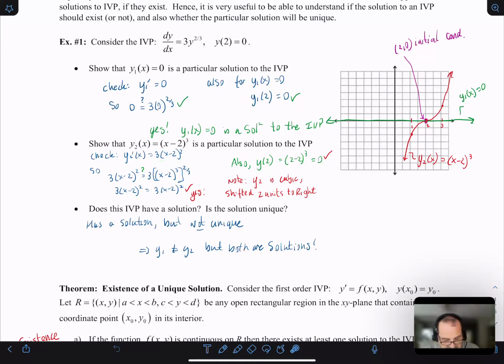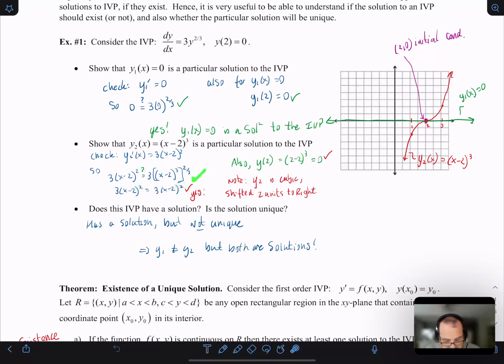If we plug in our derivative on the left-hand side and the function on the right-hand side, we indeed get an identity. On the right-hand side we get 3 times ((x minus 2) cubed) to the 2/3. Here we multiply exponents. 2/3 times 3 is 2. So we do get an identity here.